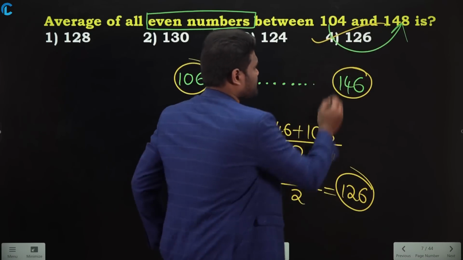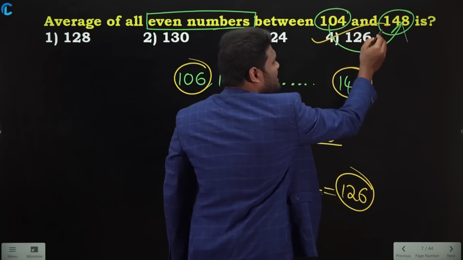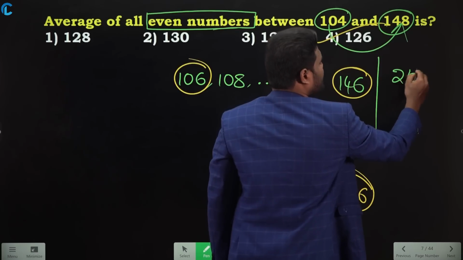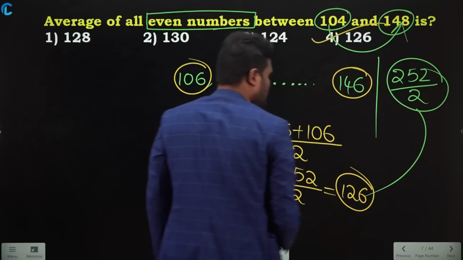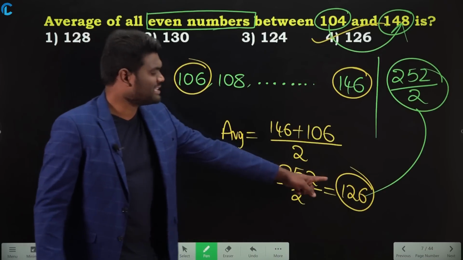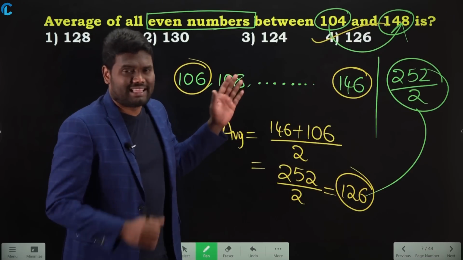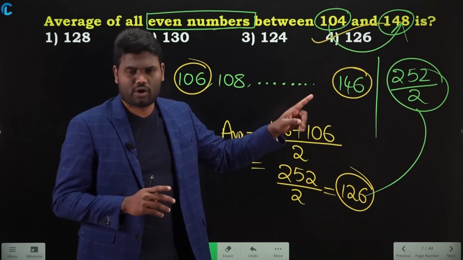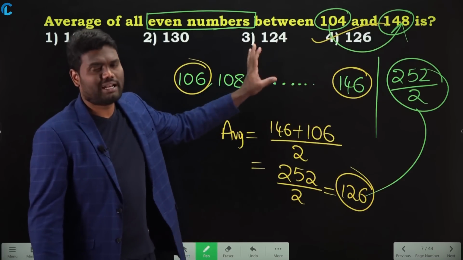If you want, you can write 104 plus 148. When you add these numbers, 104 plus 148 is nothing but 252. Now 252 divided by 2. When you calculate 252 divided by 2, again you will get the same answer, which is 126. So either you can write the numbers whatever you have between 104 and 148, or else you can directly calculate the average for the given numbers. You will get the same answer.